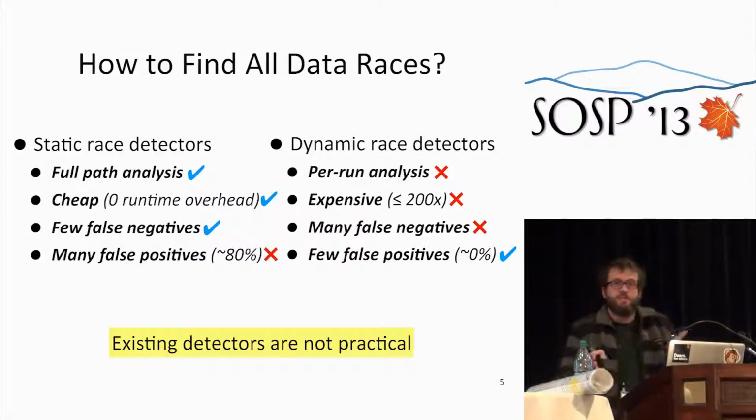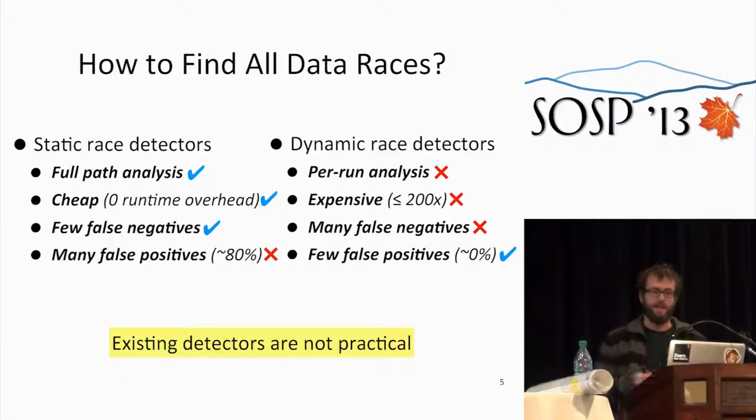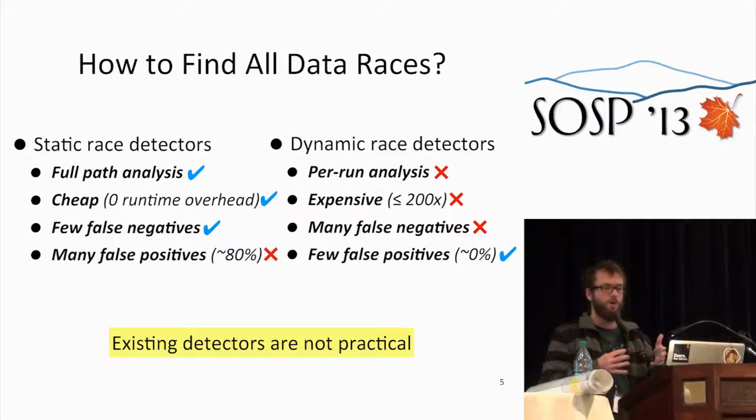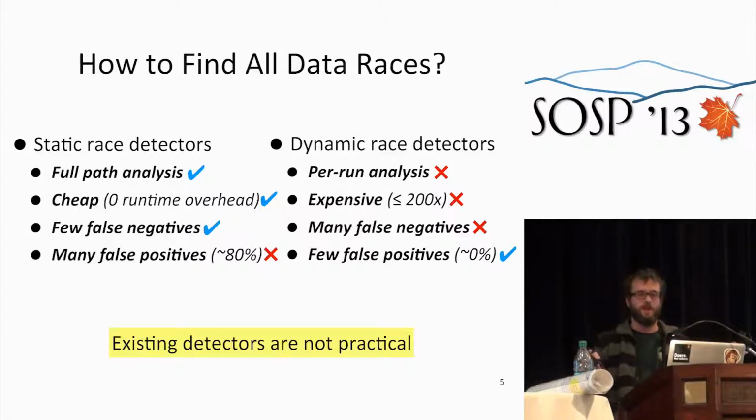And consequently, they're nearly complete. But their analysis lacks the full path context of actual program execution, and therefore they report many false positives, that is, false race reports. This causes developers to be overwhelmed by the number of race reports to investigate, and either they end up losing a lot of time going through all these reports, or because simply they will lose a lot of time, they don't use such detectors.